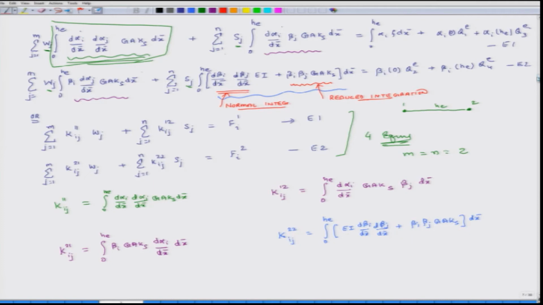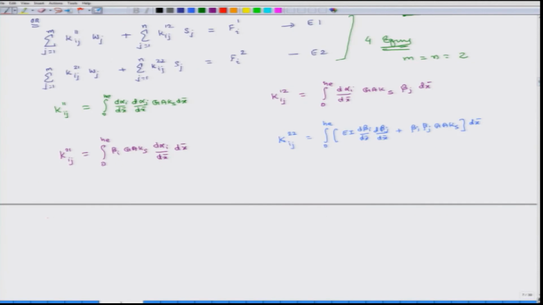Some other points. Before I do that, I will write down the overall system of equations. The overall system of equations looks something like this. Here we have this K11 submatrix, here I have K12 submatrix, K21 submatrix and K22 submatrix.